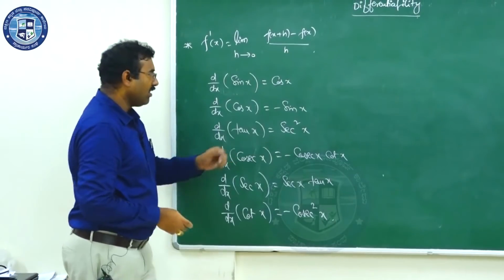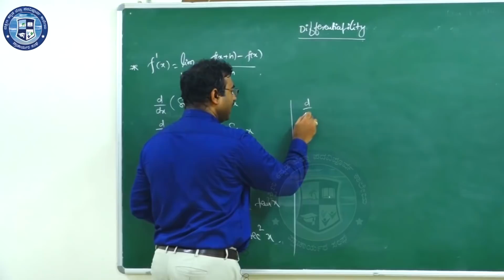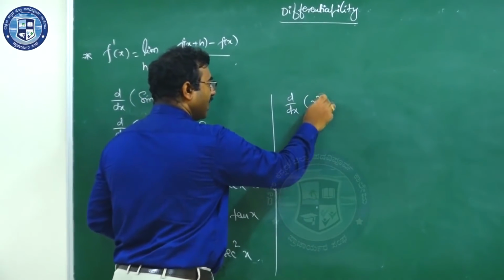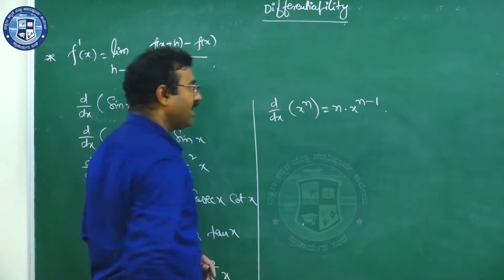And some other formulae also we have got: d by dx of x power n is n into x power n minus 1.